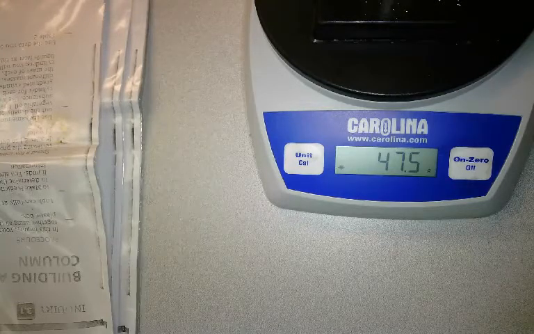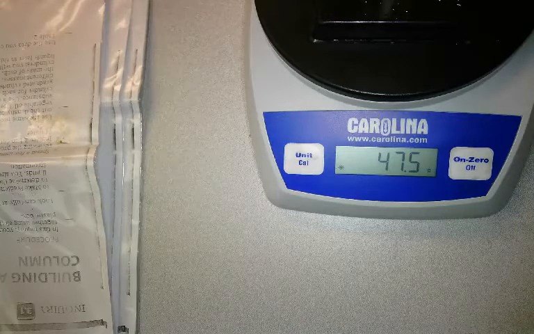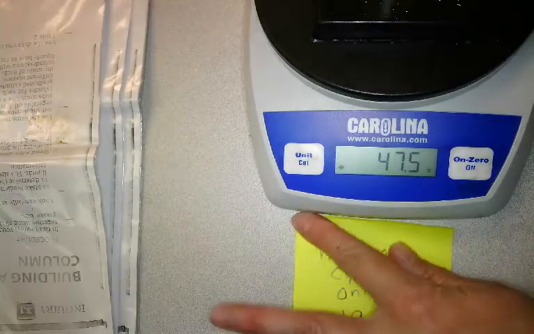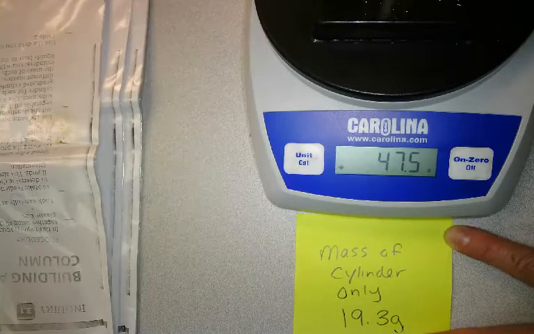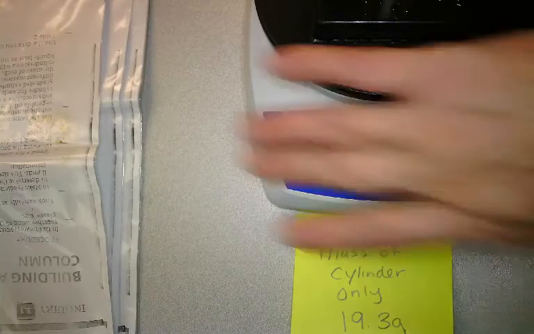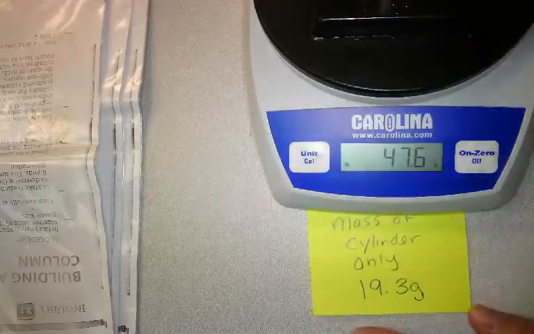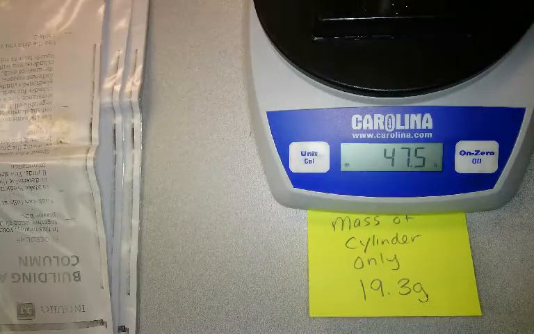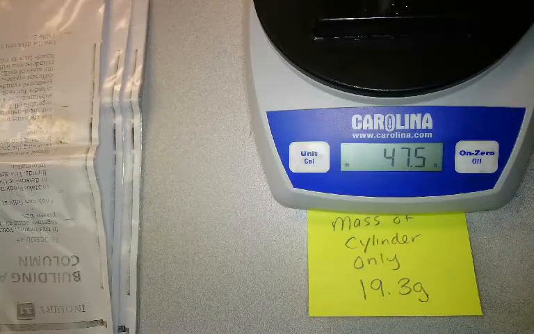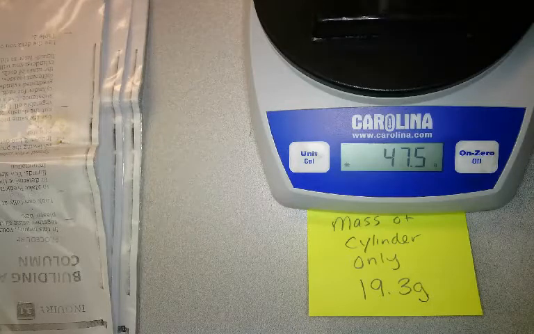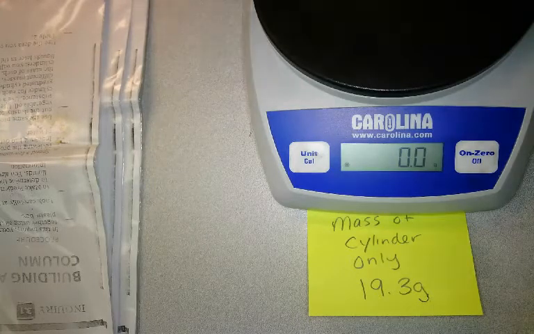And here is the mass of the cylinder only. I'll leave it right here on this sticky note so that you have it. The mass of the cylinder only for all of these cylinders is 19.3 grams. Alright, next we have the corn syrup.